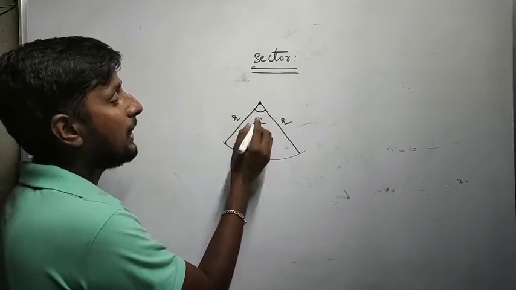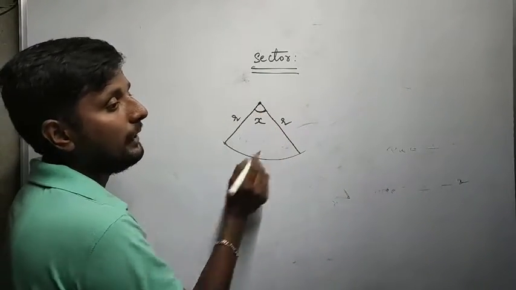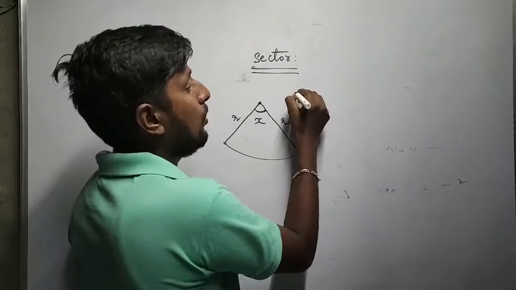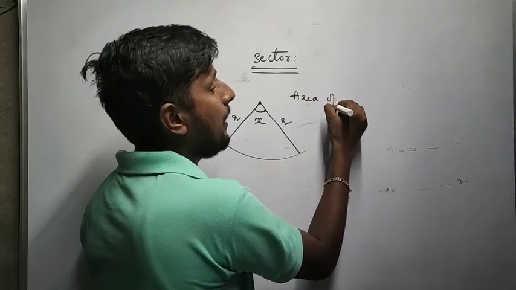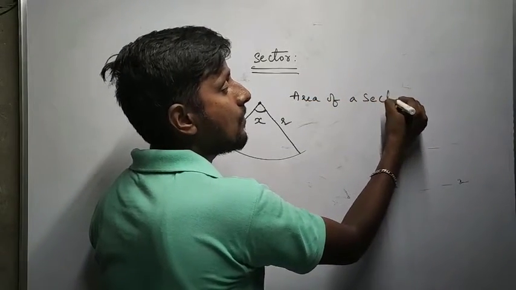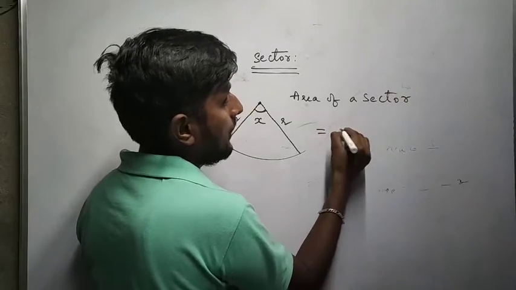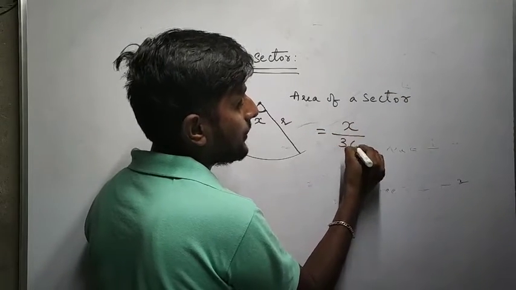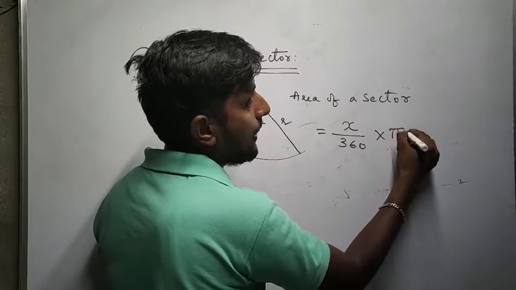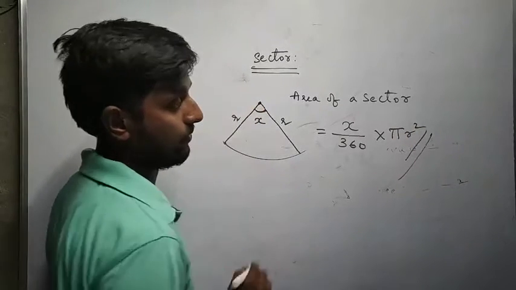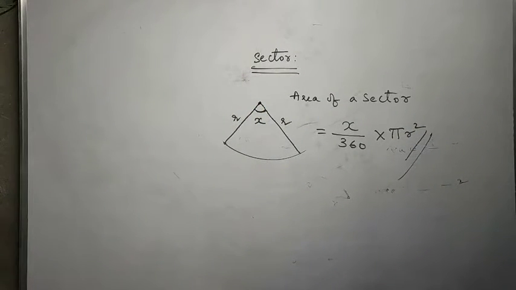Now whatever angle is made between the two radii, that is x. So the area of a sector formula is x by 360 into pi r square. Area of sector formula.